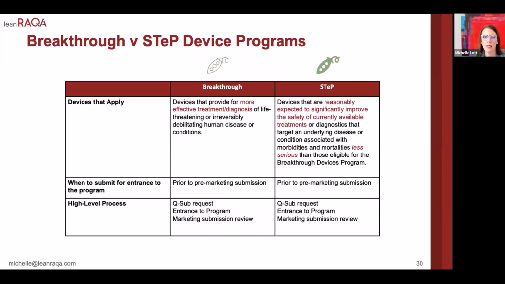If you get these designations for your novel or safer technology, in theory, the FDA is supposed to be a little bit more of your partner in your submission, and not your product development in terms of technology or design inputs or outputs, but definitely, for instance, on a clinical trial, where you could negotiate possible endpoints.